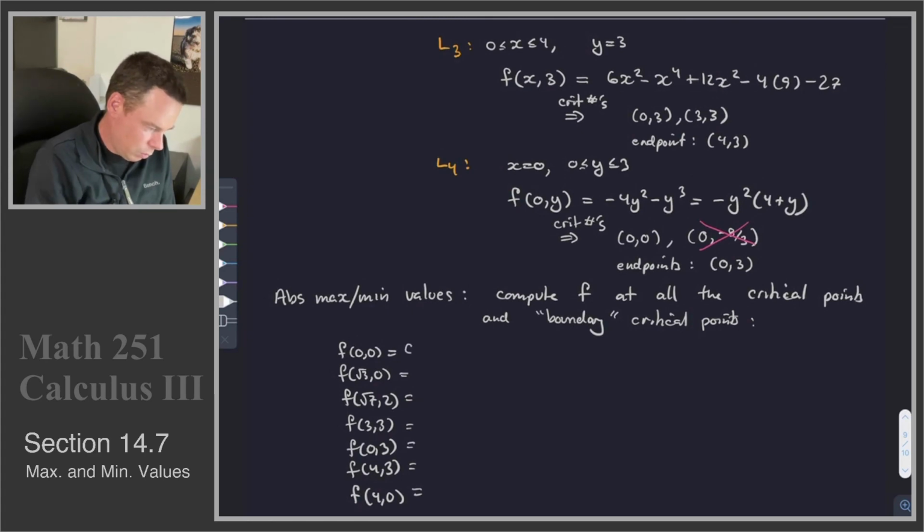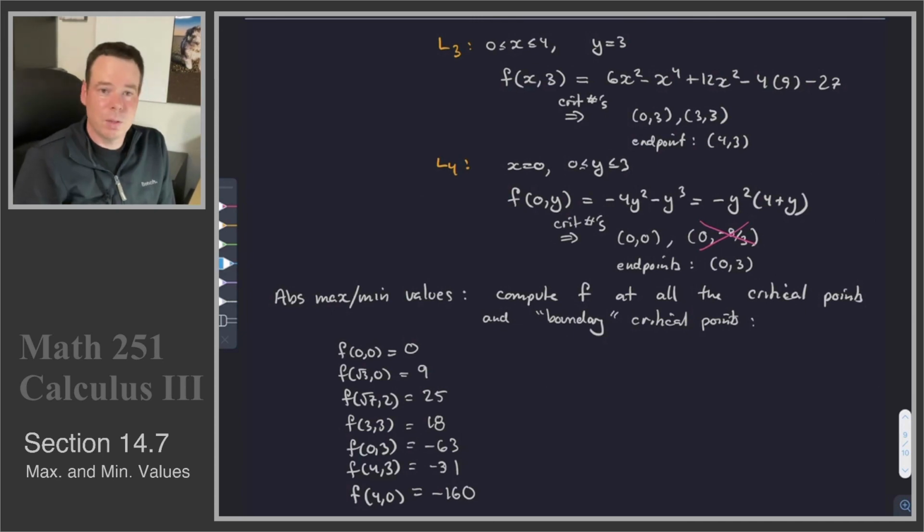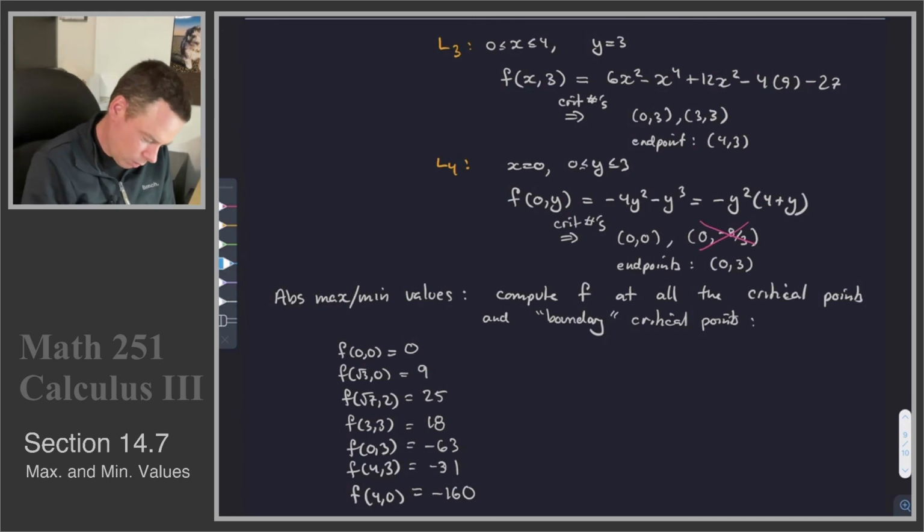So now we're just evaluating the function at these 7 points. This one's 0, this one's 9, this one's 25, this one's 18, this one's negative 63, this one's negative 31, and this last one is negative 160. And I just compare. Which one's biggest, which one's smallest? So the biggest number is that one there.